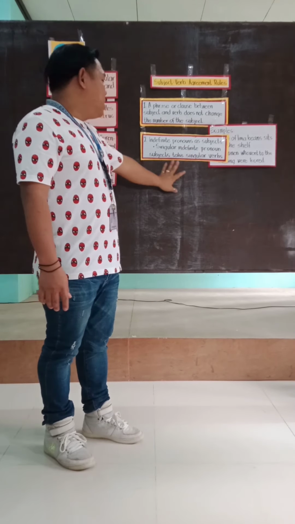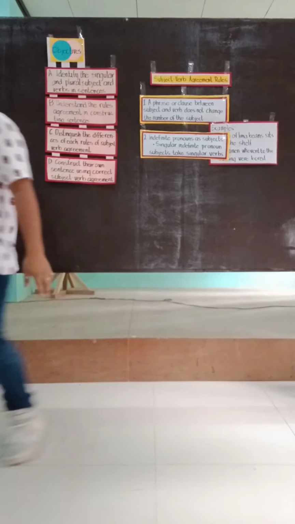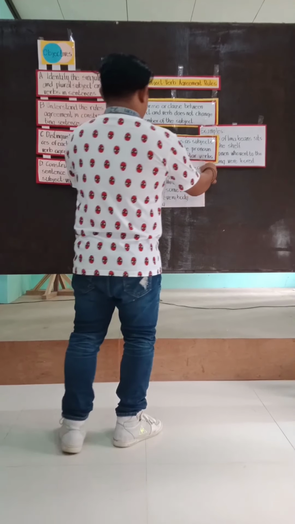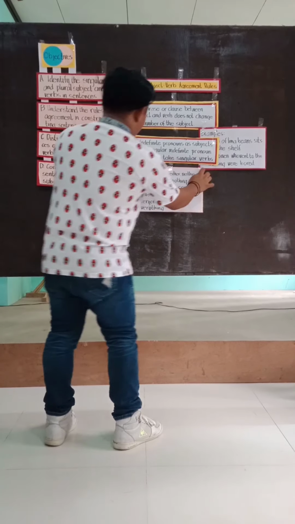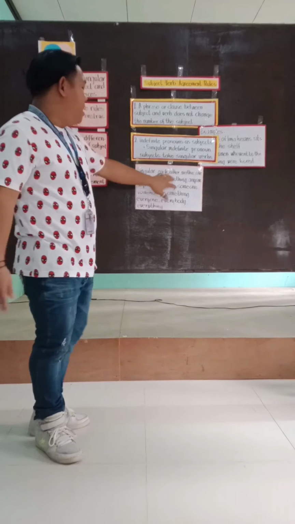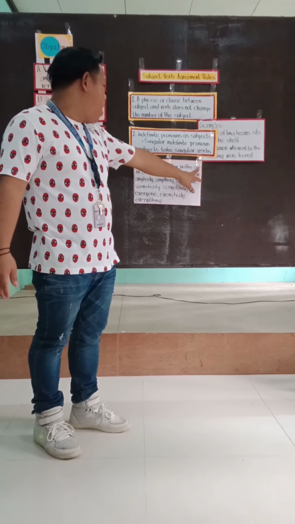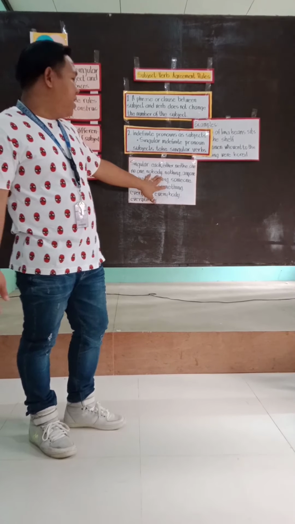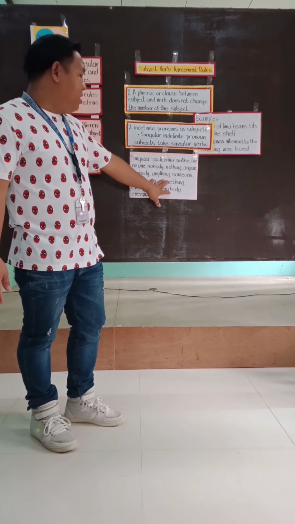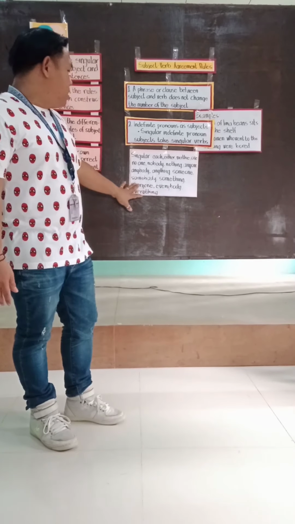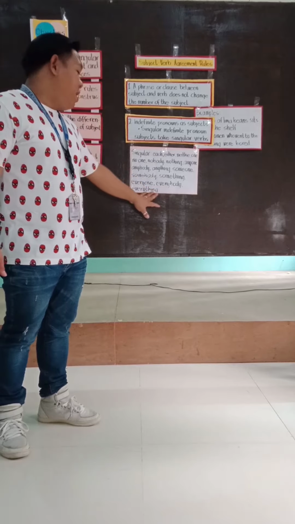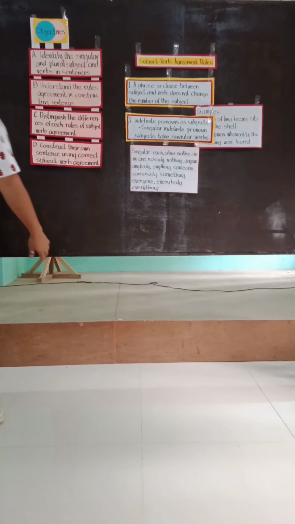Singular indefinite pronoun subjects take singular verbs. Here are the singular pronoun words: each, either, neither, one, no one, nobody, nothing, anyone, anybody, anything, someone, somebody, something, everyone, everybody, and everything. Now, here's the example.